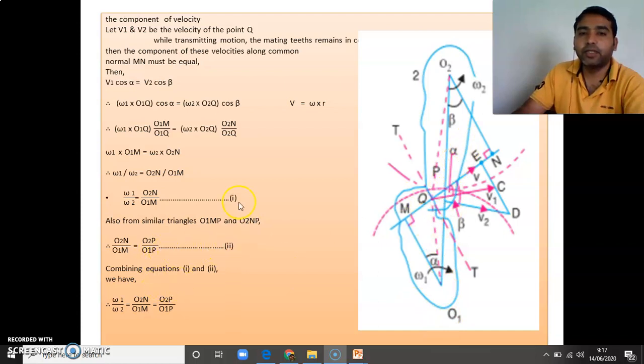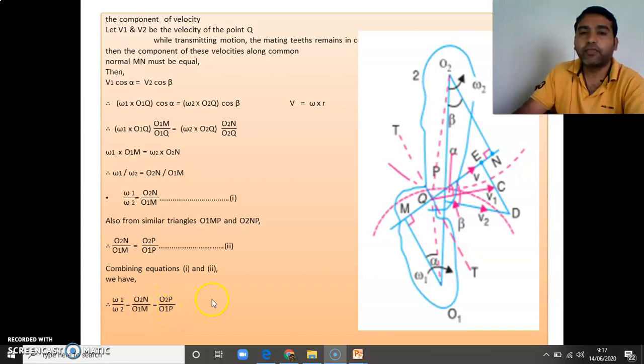So this is equation 2. Combining equations 1 and 2, since this term is common, omega 1 upon omega 2 is equal to O2N upon O1M, which is equal to O2P upon O1P.